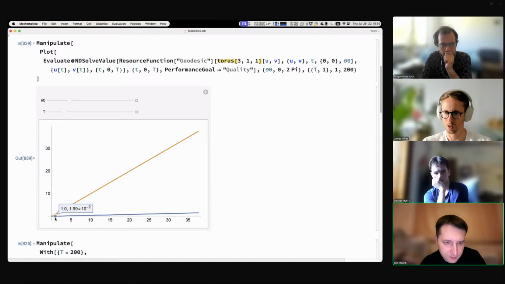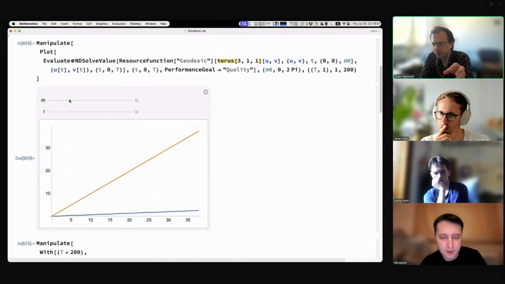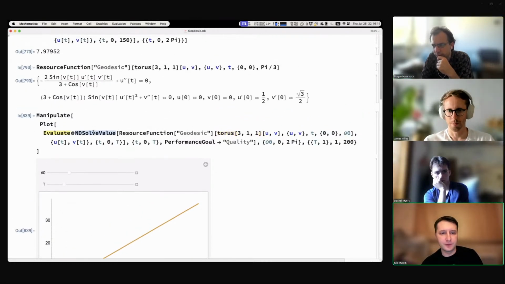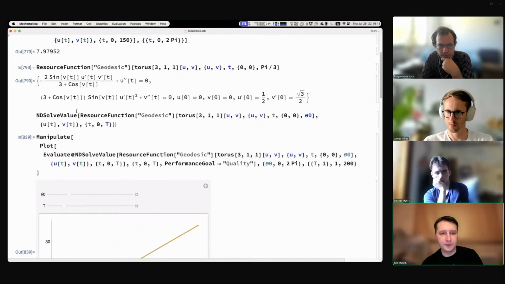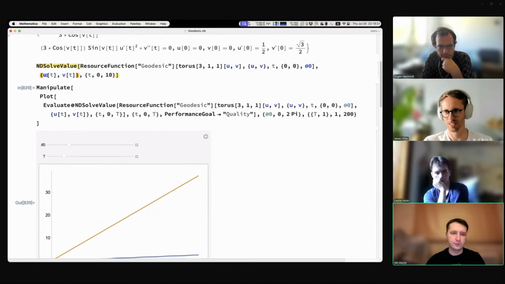I think it maybe depends just on the initial derivative. Oh, are these two the UV solutions? Yeah. So if you solve it, so for U.